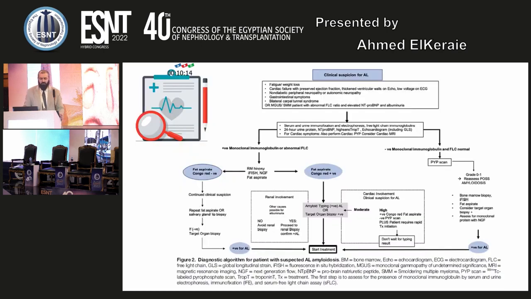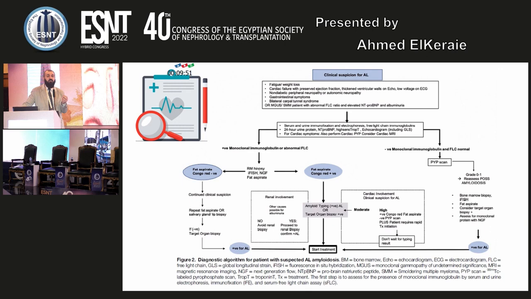This is the flow chart that I'm not going to go through, but it's a very nice flow chart, and I would stress and overstress that you should not give up the diagnosis because you could not find the restriction, as was elegantly shown in the previous lecture by Professor Lilian Gaber.